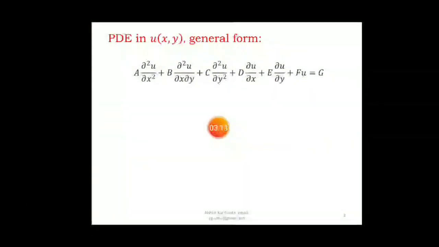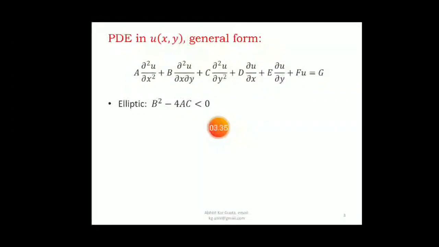So we have all kinds of first order and second order differential terms, and we have the coefficients a, b, c, d, e, f, g. Among them, let us concentrate on the first three coefficients, a, b, and c.